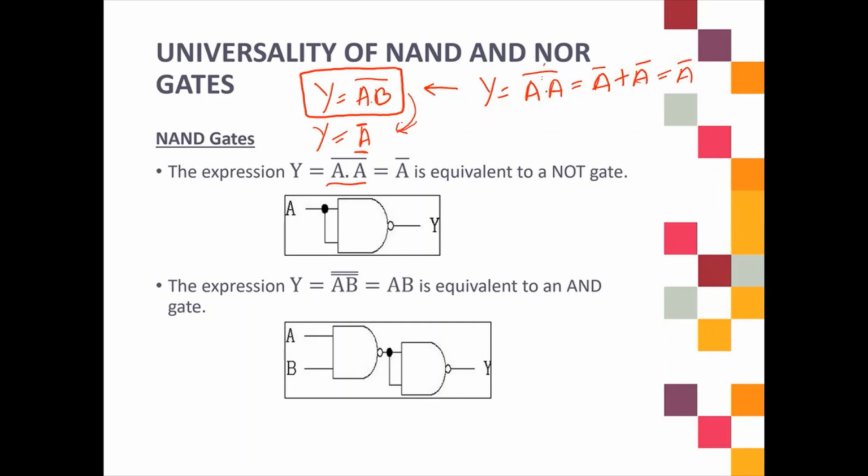So this means that when you draw this equation and simplify the last equation, you will get a bar. It shows that this equation is equivalent to a NOT gate.